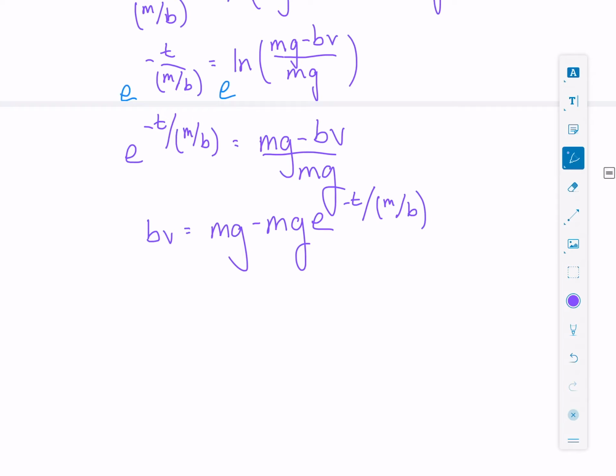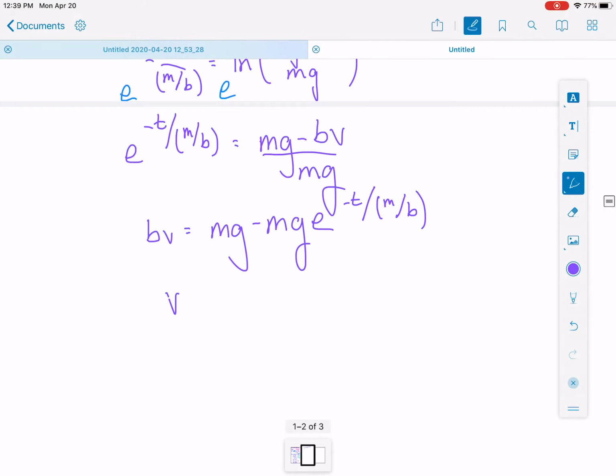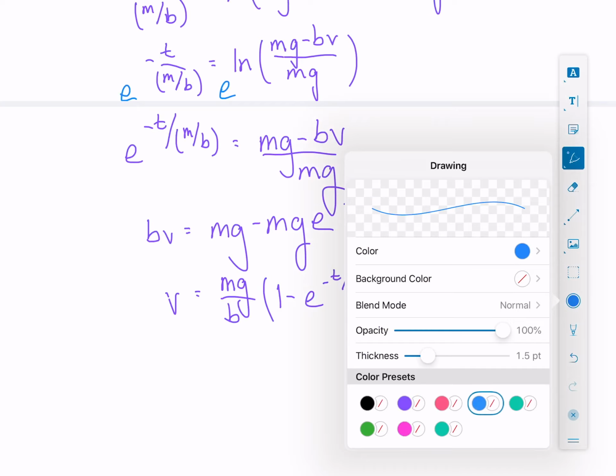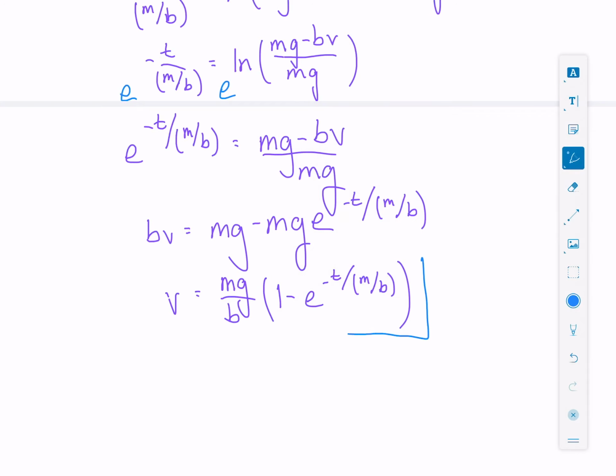We're almost there. Let's factor out an mg and divide by b. So v is therefore equal to mg over b times (1 minus e to the negative t over (m over b)). Oh my goodness, we made it! So v is equal to this whole mess.